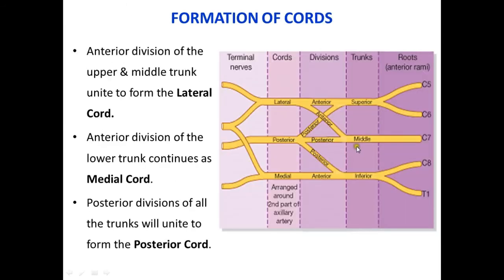Now how is the posterior cord formed? All the posterior divisions of the trunks, that is the posterior division of the superior trunk, the posterior division of the middle trunk, and the posterior division of the inferior trunk, when these three posterior divisions unite together, they form the posterior cord.